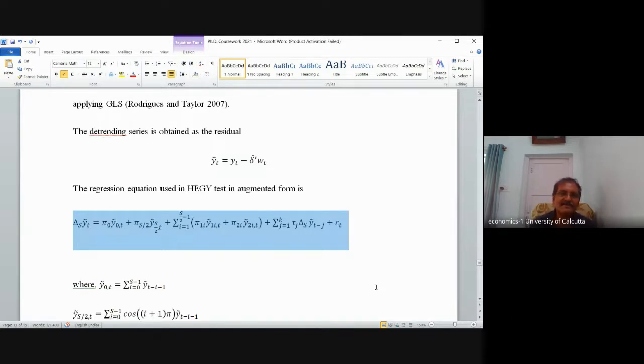So this part becomes pi 1i y tilde 1i t. No need for I because there is no need to take sum. So it becomes pi 1 y1 tilde t plus pi 2 y2 tilde t. And the augmented part, sum of tau j delta 4 y tilde t minus j plus epsilon t. Okay.